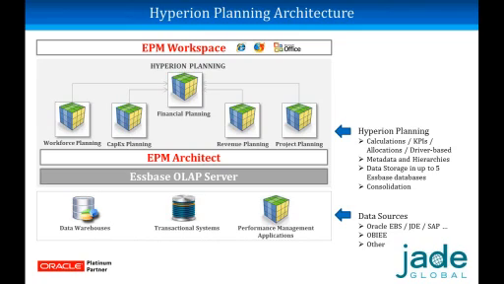Things such as metadata and hierarchies. You can define your calculations, your KPIs, how you do allocations, driver-based allocations, or driver-based accounts. And of course, the consolidation of all of your forecast is defined within your EPM Architect and done within these 5 databases that we have illustrated here.